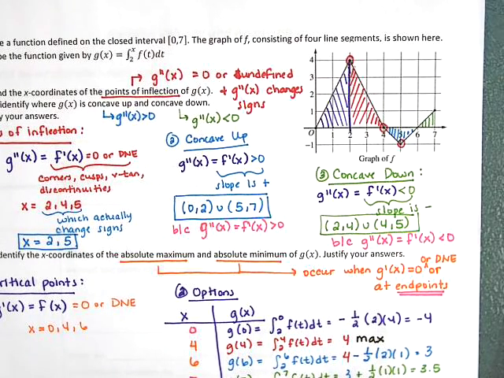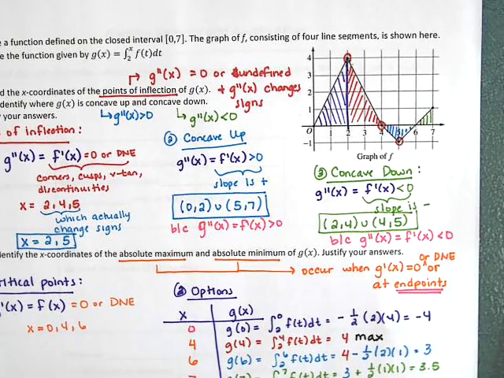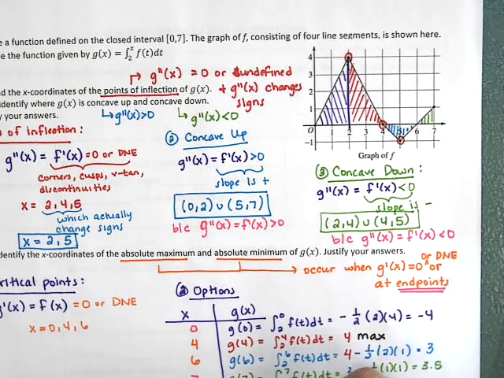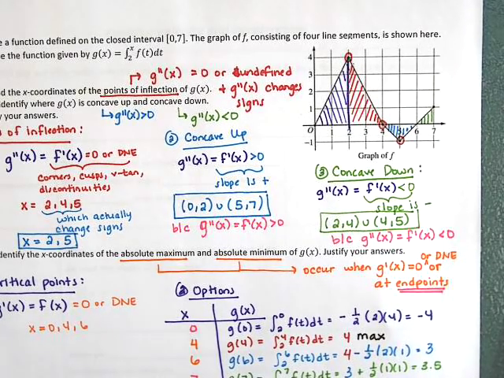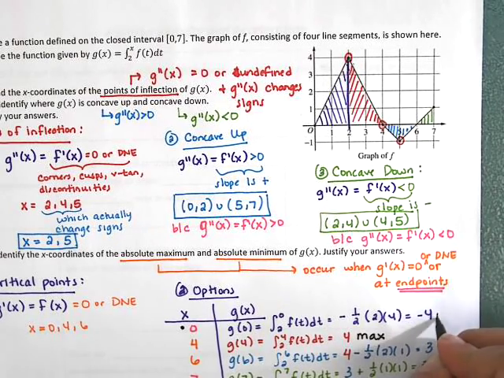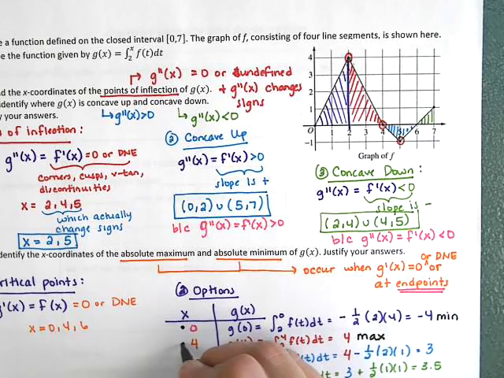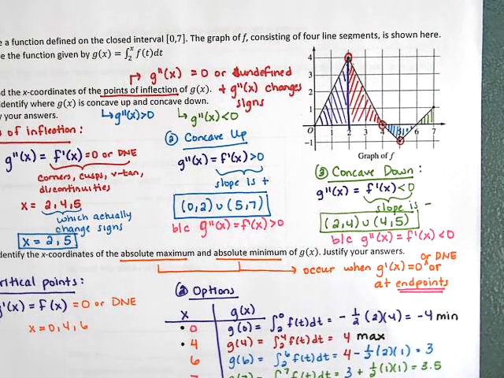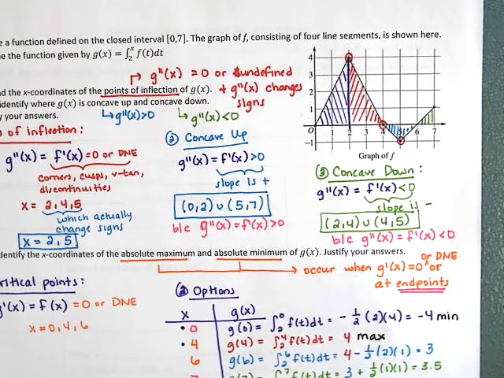And the maximum value is 4. Then I would also say that the absolute minimum occurs at x equals 0, because that was my lowest value since it's negative, and the minimum value is -4.